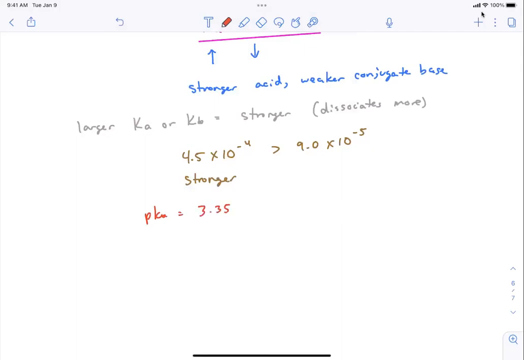And if I do the negative log of 9 times 10 to the negative 5, I get 4.05. So this is still stronger though. You do need to know that the pKa relationship is the inverse of the Ka relationship. If the Ka is bigger, you're going to end up getting a smaller pKa because you're dealing with negative exponents here.